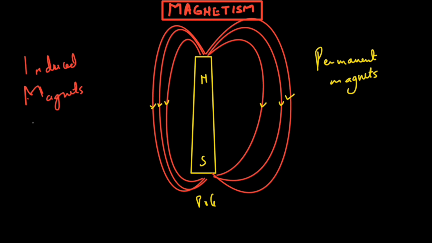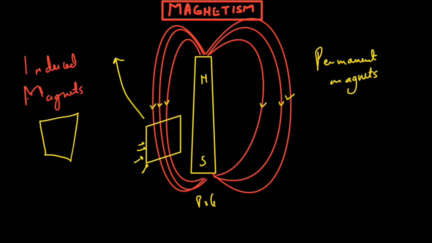So for example, this is a box, and you place this box in this particular magnetic field, and the box will start picking up iron nails or needles. But once you remove it from the magnetic field of this bar magnet, it will stop attracting.